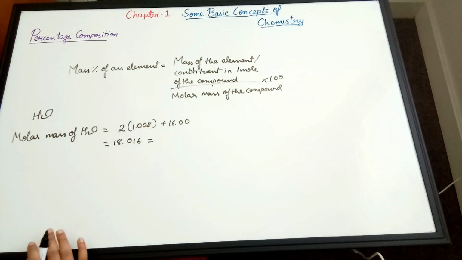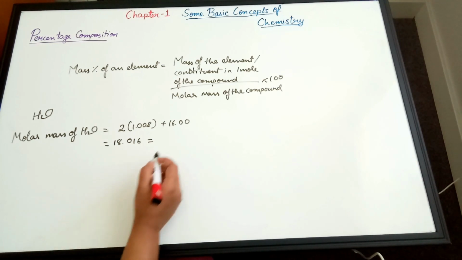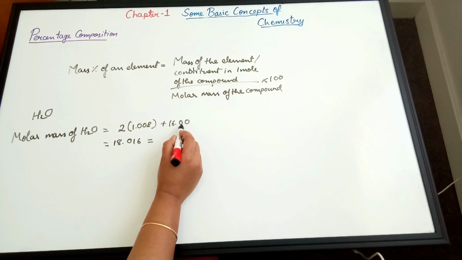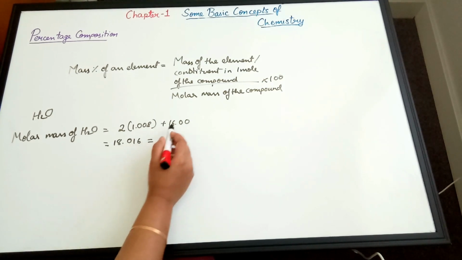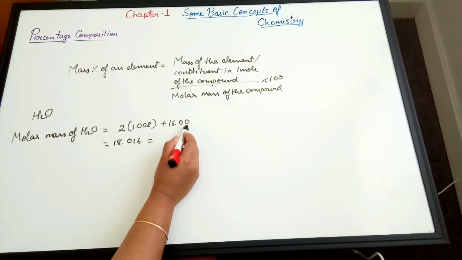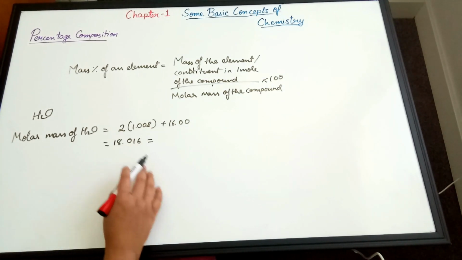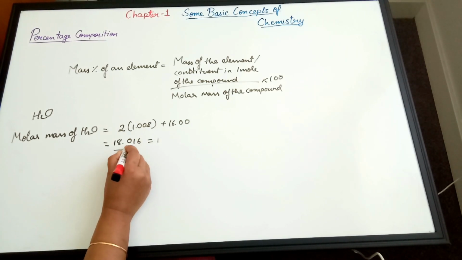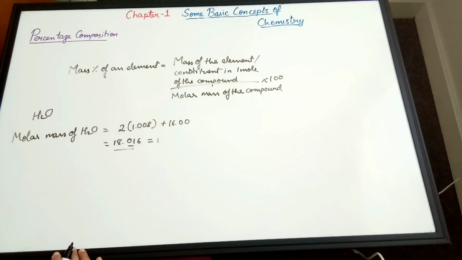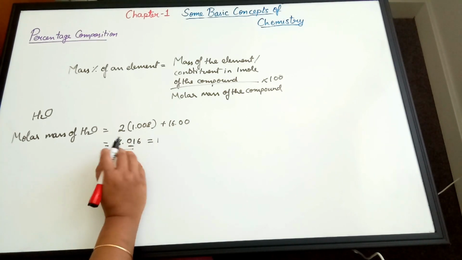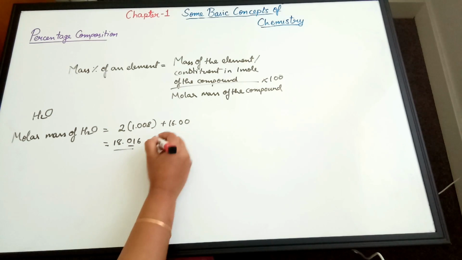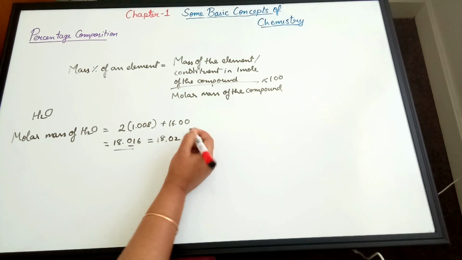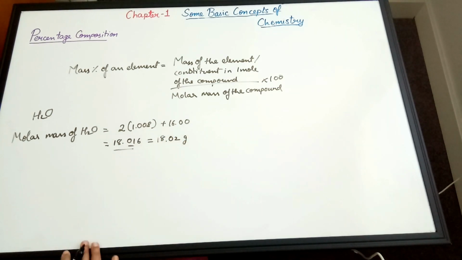And if you remember, when we spoke about addition in significant figures, it was said that the number of decimal points should be equal to the one which has the least number. If you have any doubts, do check it out. So based on that, you'll have to reduce it to 2 decimal points, and because we are removing a 6, this number will be changed to 2, so 18.02 grams.